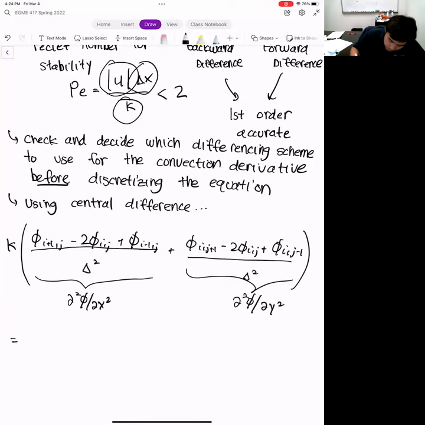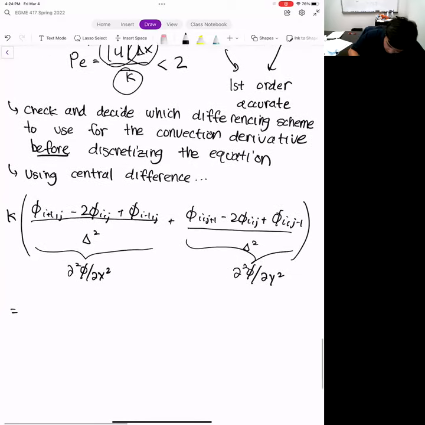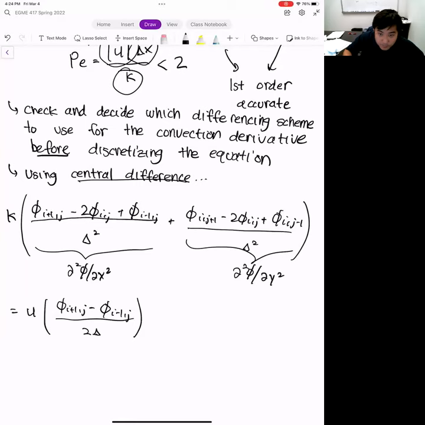Okay, this is equal to u times, and this is where you plug in your convection derivative. For this one, I'm using central difference. So this would be phi i plus 1 comma j minus phi i minus 1 comma j, all divided by 2 delta, plus phi i j plus 1 minus phi i j minus 1 divided by 2 delta.